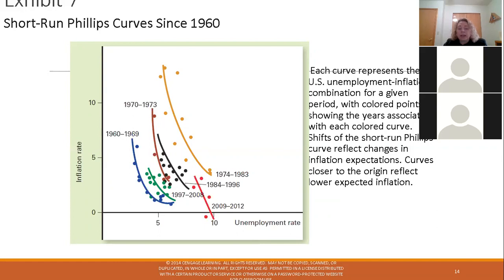Like I mentioned to you, last year, 2019, we had inflation rates that were really low, and we had unemployment rates that were also really low. That's an anomaly on this graph, right?